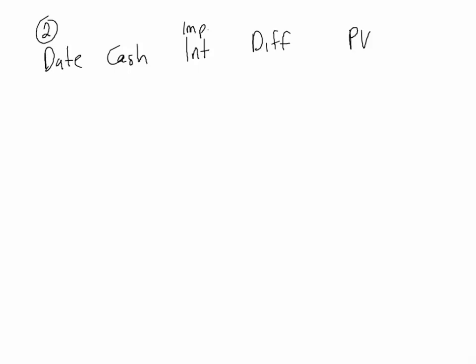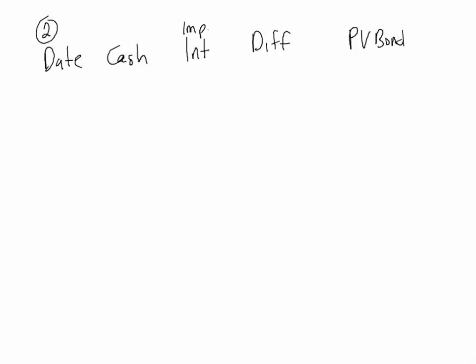Let's do the chart. Okay, and this is number 2 on the page. So in this chart, we would have a date. We would have the amount of cash that we're going to fork over to the investors. We would have the implicit interest that we are paying, the difference, and then we're going to have the present value of the bond.